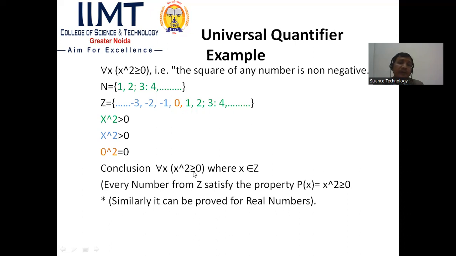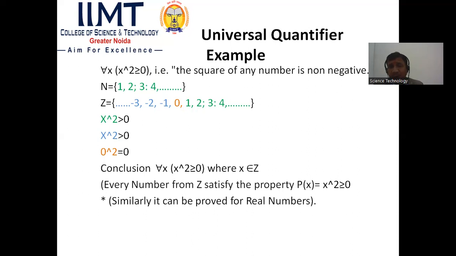So we notice that x square greater than or equal to 0 is a property. Here, x square greater than or equal to 0 is Px, and the set of integers is the universe of discourse.